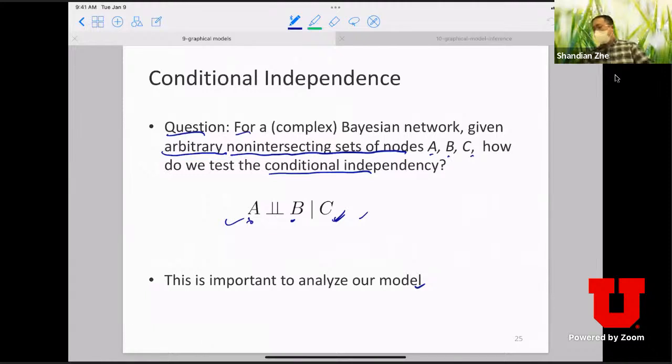Okay, so let us continue with the probabilistic graphical models. In the last lecture, we introduced the general definition of directed graphical models, which are also referred to as Bayesian networks. Remember, we use nodes to represent random variables.